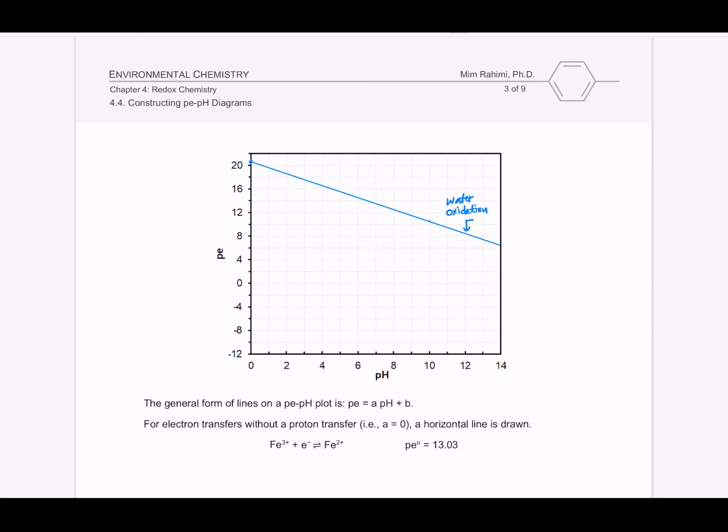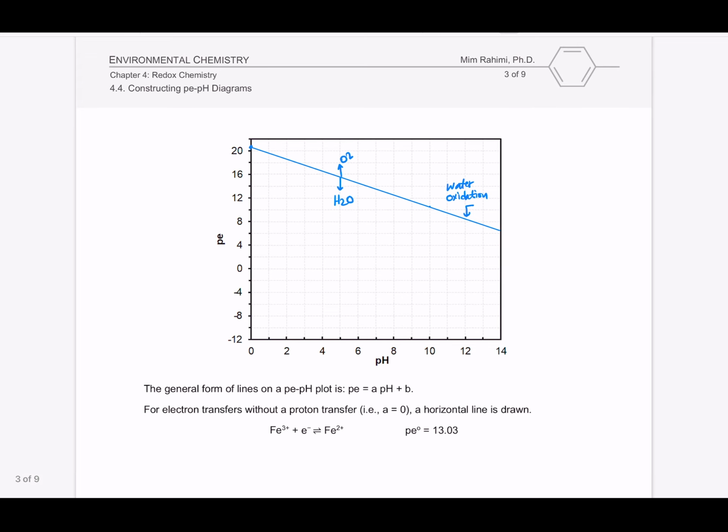So this side of the line is basically oxygen. Obviously this side is the other one, where more electrons, the more reduced species, is dominant. So if I ask you, for example, at pH of 8 and pe of 0, the dominant species would be water.